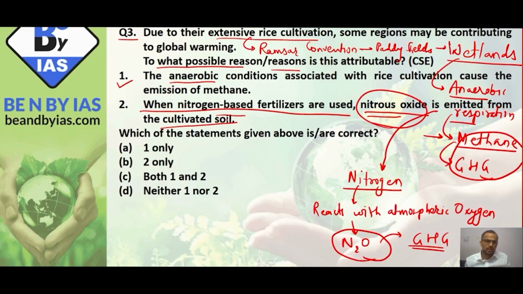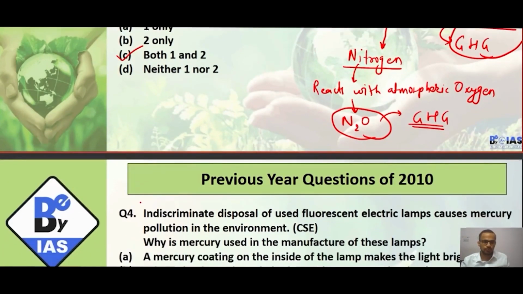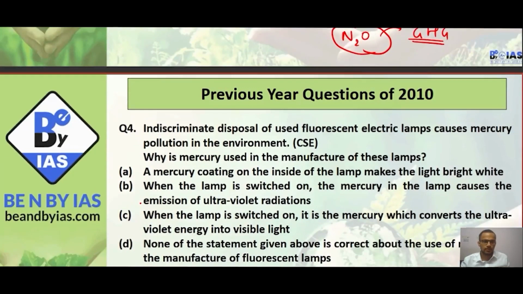So yes, this statement is also correct, and that's why your answer should be both 1 and 2. So for the third question, the answer is C, both 1 and 2. Next.